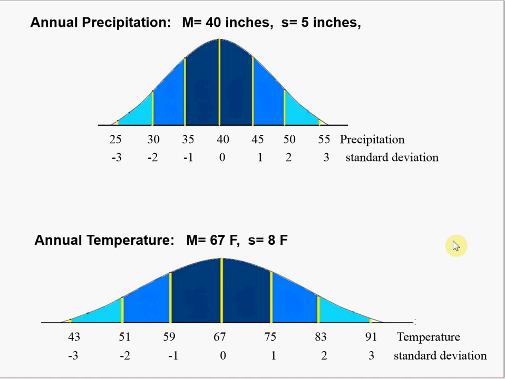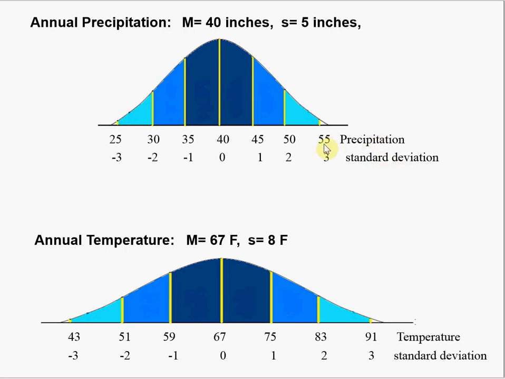For all these different normal distributions, if for each one of those distributions we use a specific value in the distribution minus the mean of the distribution divided by their standard deviation, that should tell you how far they are from the mean in terms of standard deviation.